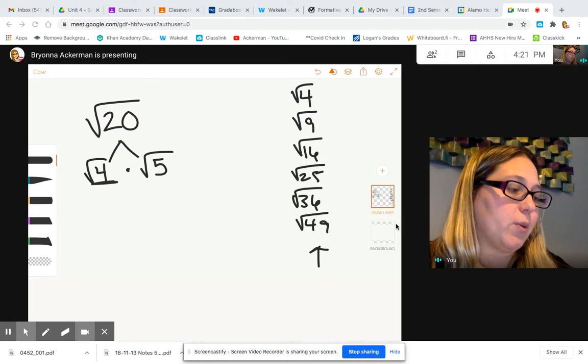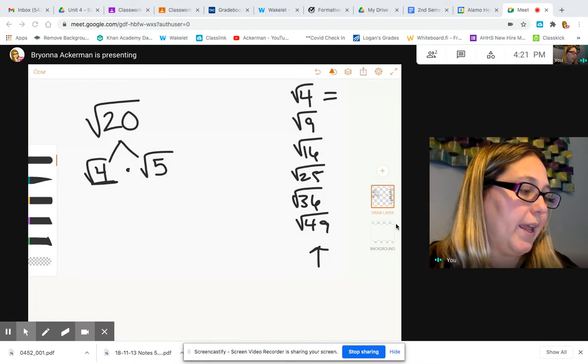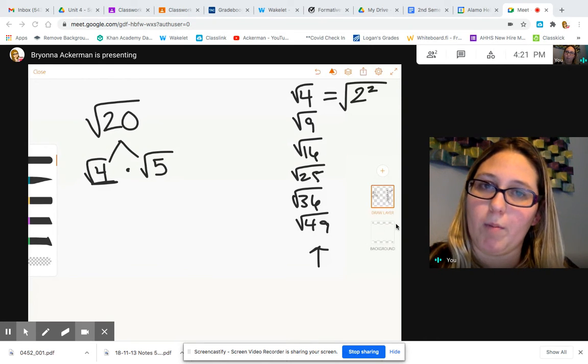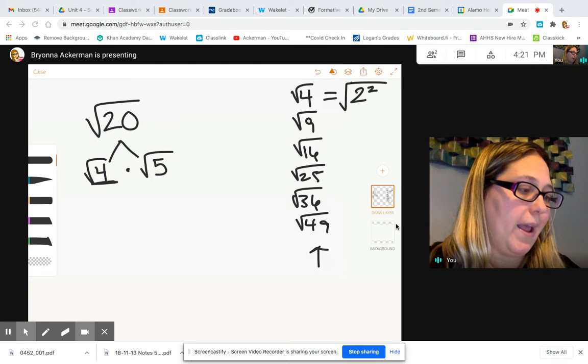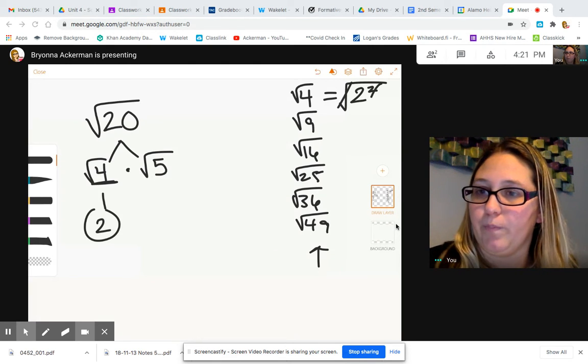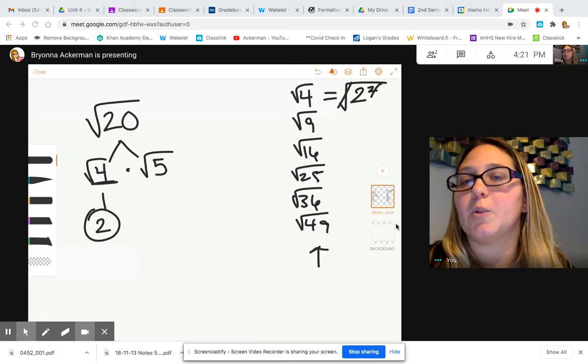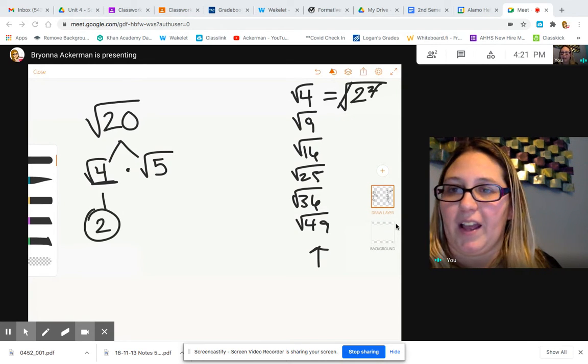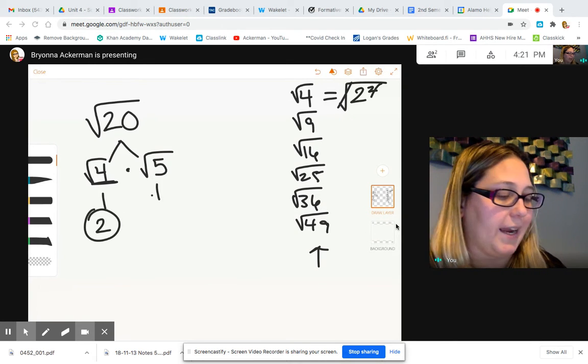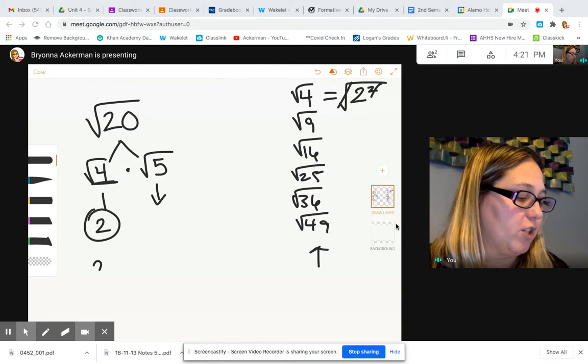We know the square root of 4 is 2 squared and then the square root of that. Remember, when we take a square root of a squared, it goes away and we're left with just 2. It's one of those nice ones. The square root of 5, I can't simplify, so that one just gets carried down. My final answer is 2 square root of 5.